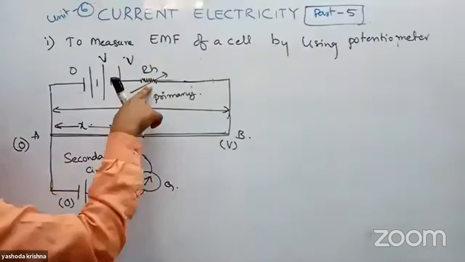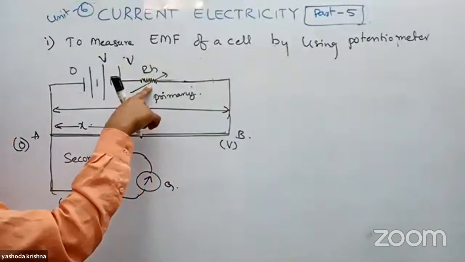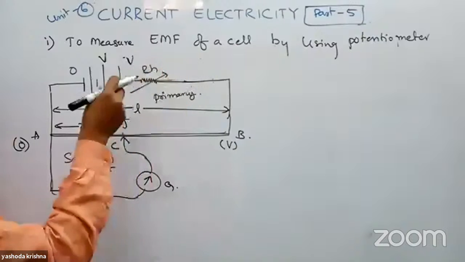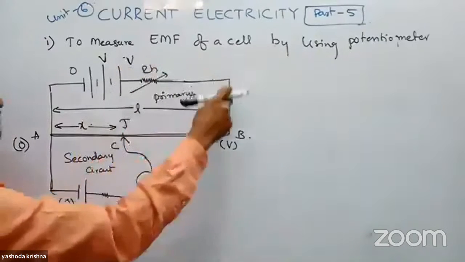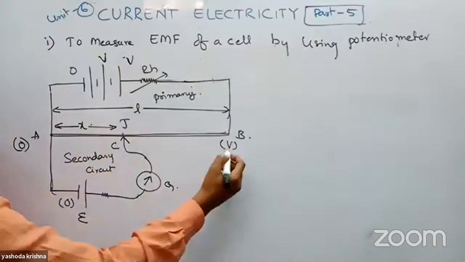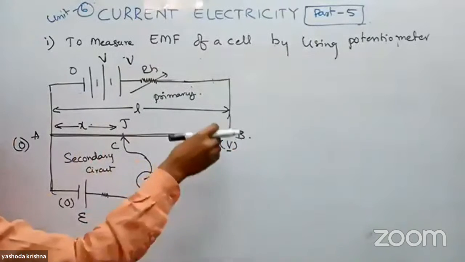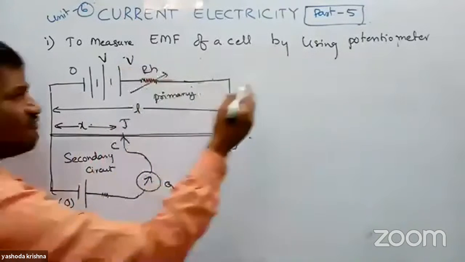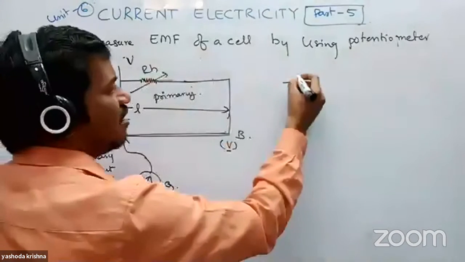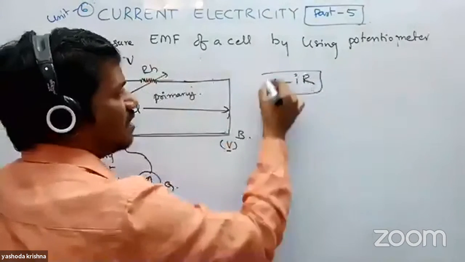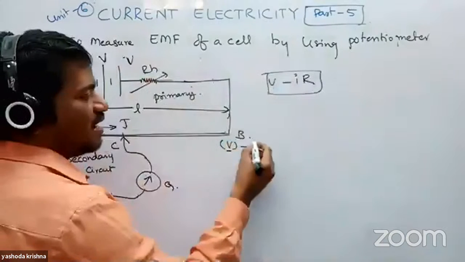If you use the rheostat, the resistance of the wire increases and the total value decreases. Your V decreases. How much does the value decrease? Minus IR. This is V minus IR.